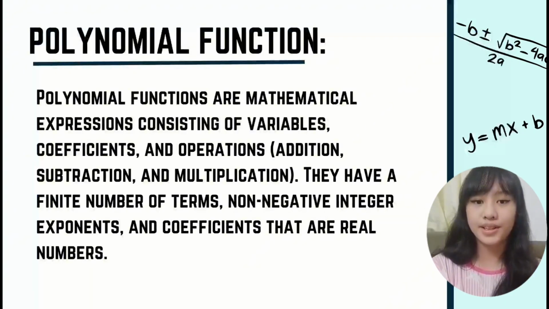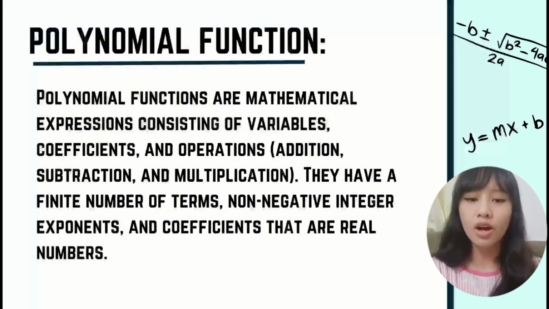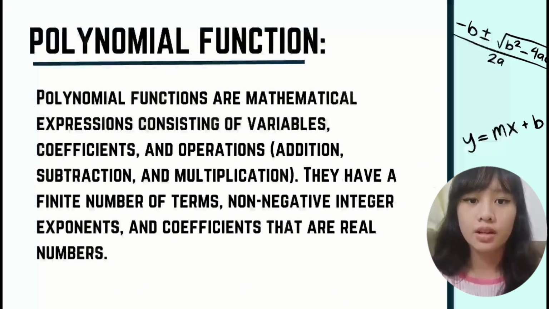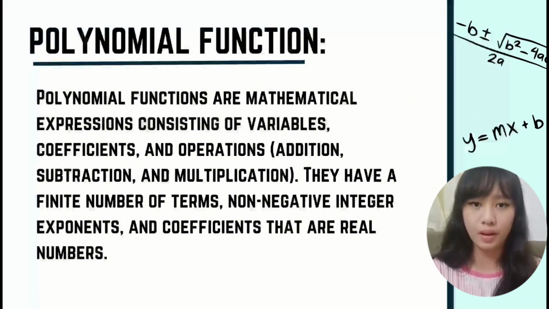So let me tell you what a polynomial function is. Polynomial functions are mathematical expressions consisting of variables, coefficients, and operations, which are addition, subtraction, and multiplication. They have a finite number of terms, non-negative integer exponents, and coefficients that are real numbers.